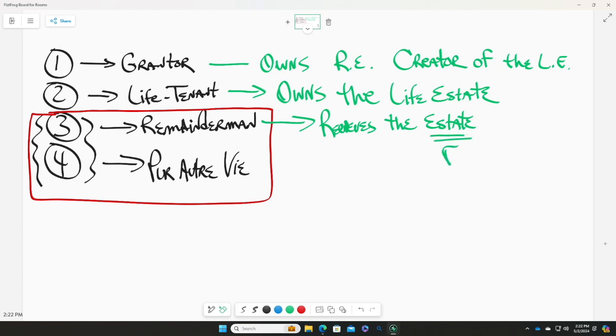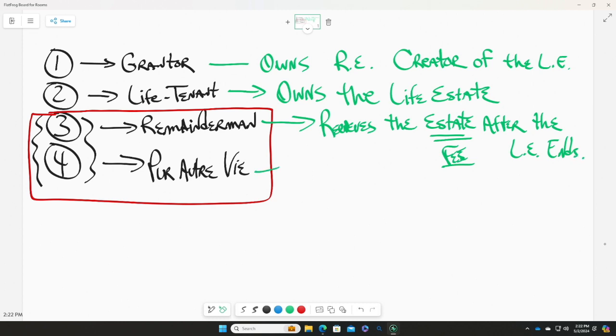It's actually a fee simple absolute. They own it. They own the fee in fee simple. So they receive the estate after the life estate ends. Okay?